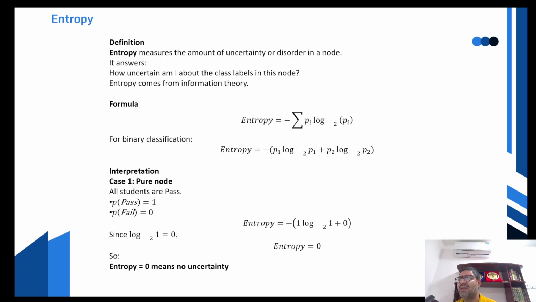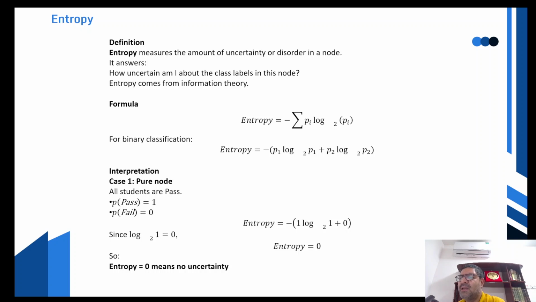Entropy equals minus summation of pi log 2 pi. Here pi is based on the number of occurrences, the number of cases that we have.